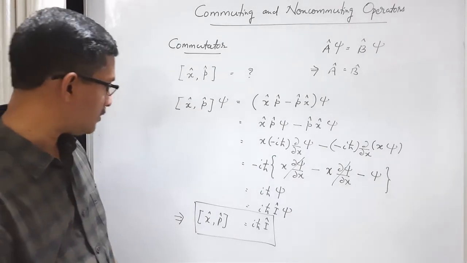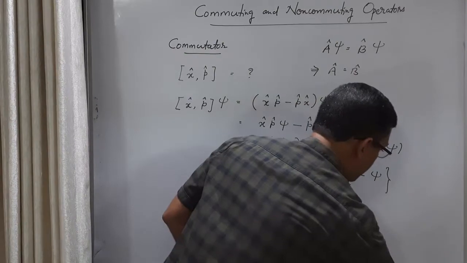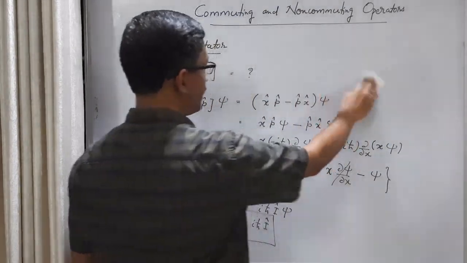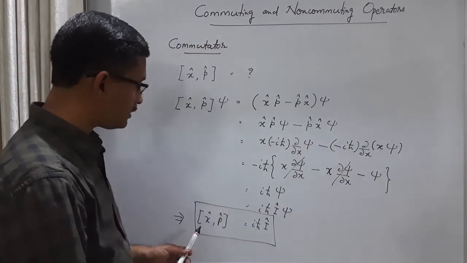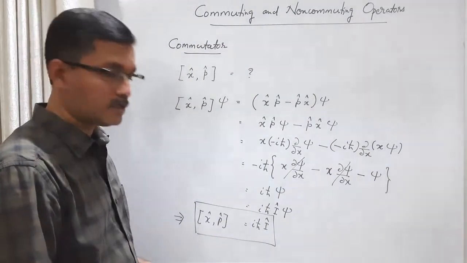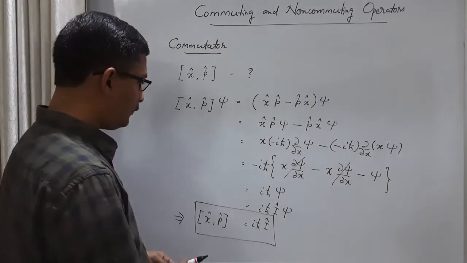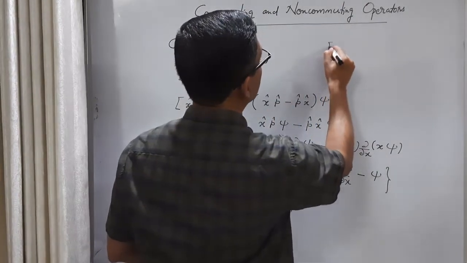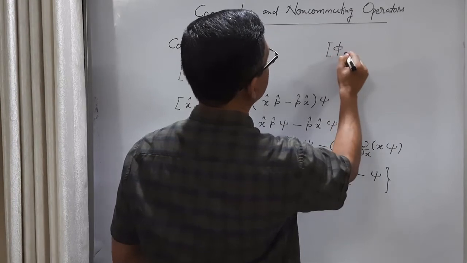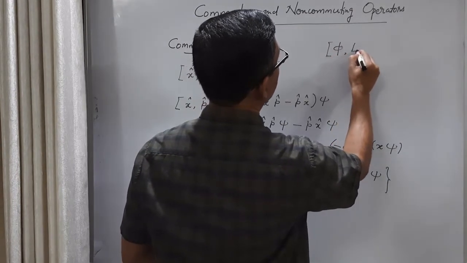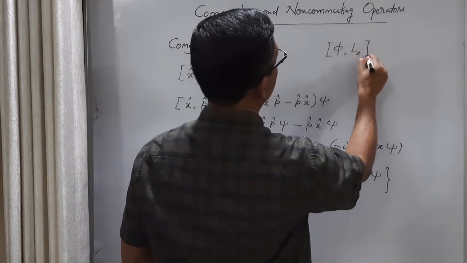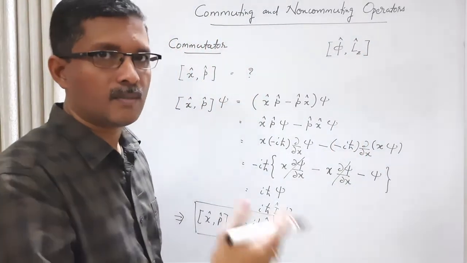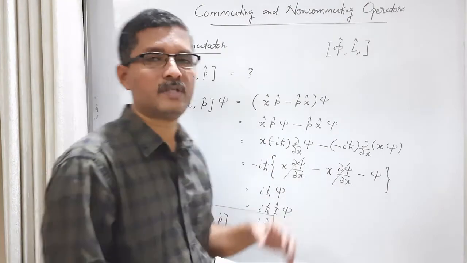Now this is actually a general result. It is satisfied not just by position and momentum operators. Consider, let us say, the azimuthal angle phi and the z component of angular momentum. There is a connection between them.